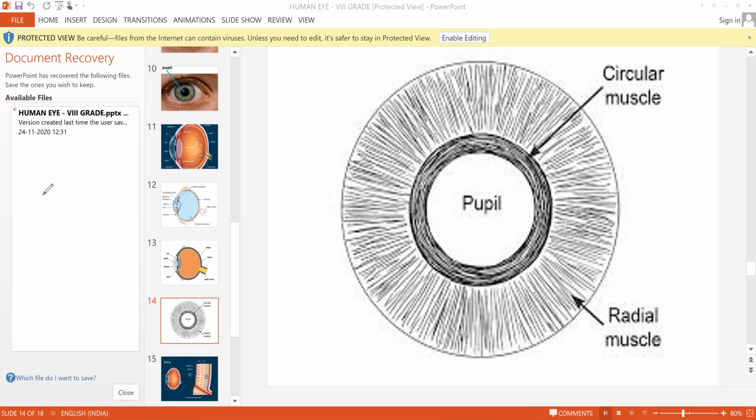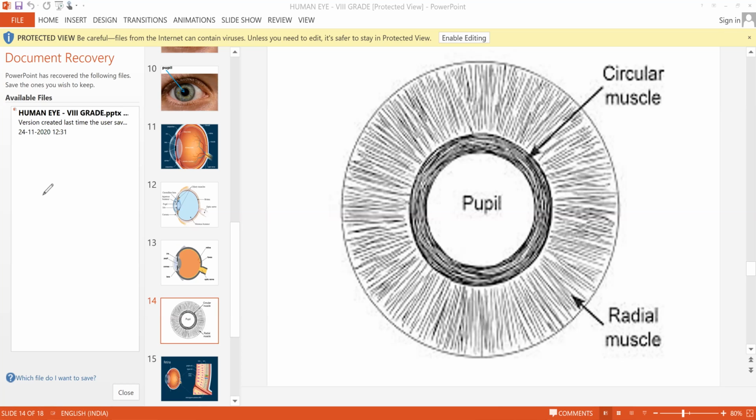So the iris plays a major role in sending the required quantity of light.